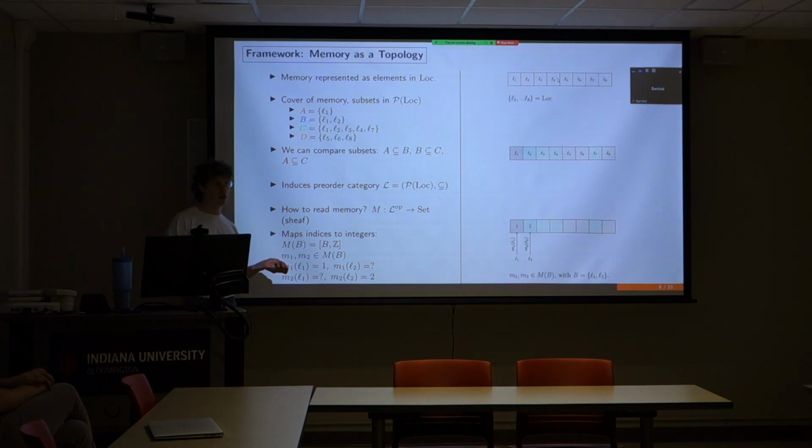We want those maps that can tell us something about the state of the memory to only tell us what is contained in the cell if the domain of that map is the same as the variable that represents the address of the cell.